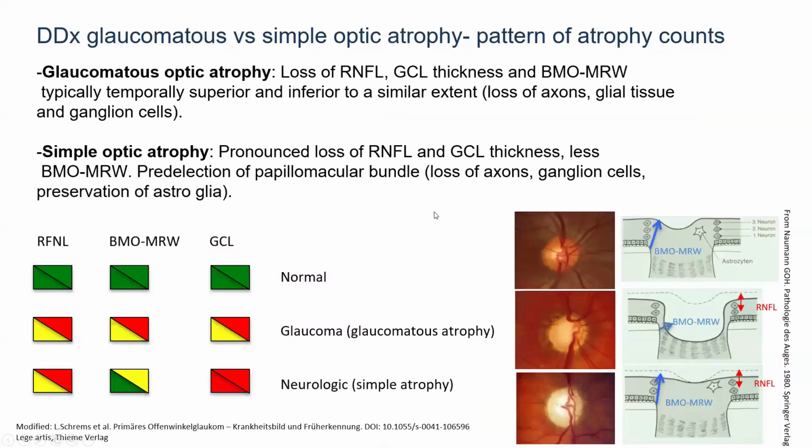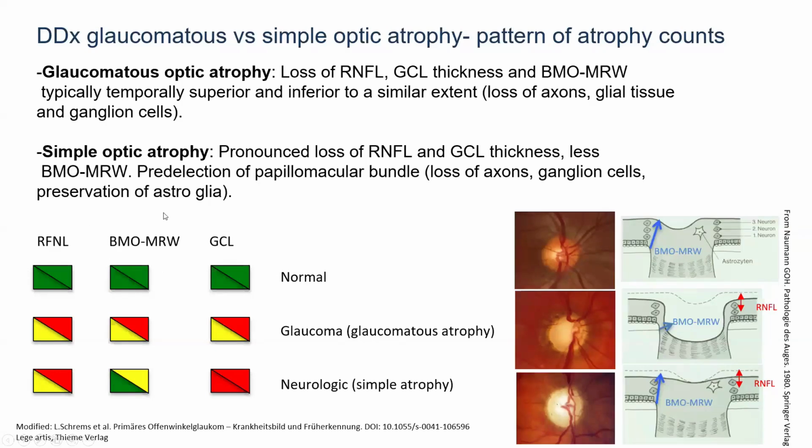So when you want to do a rough differential diagnosis between glaucomatous and simple optic atrophy due to other neurological diseases, you compare the nerve fiber layer, the rim width, and the ganglion cell layer thickness. In normals, all should be normal, of course.